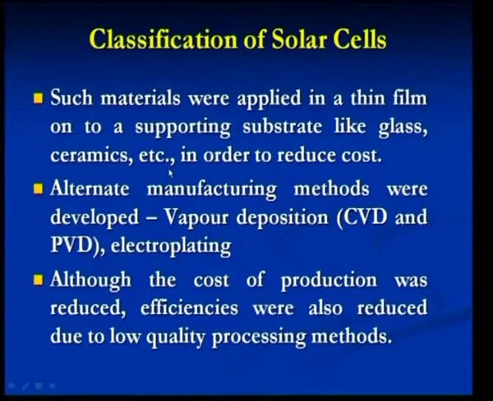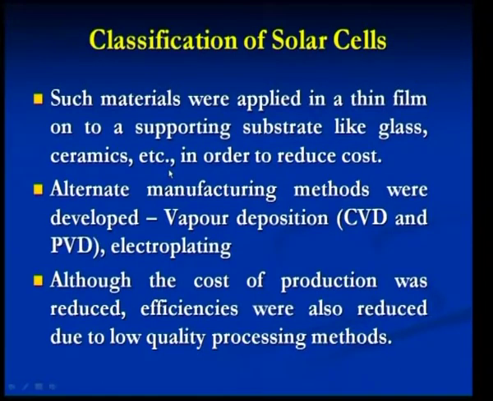Such materials used in the second generation solar cells were applied in a thin film onto a supporting substrate like glass or ceramics in order to reduce the basic cost of the cell. Alternate manufacturing methods were also developed during this period.